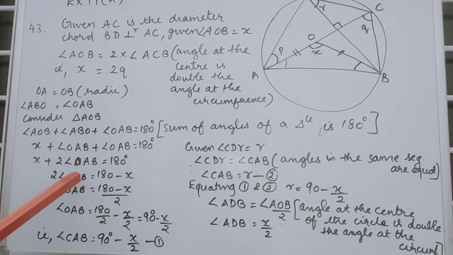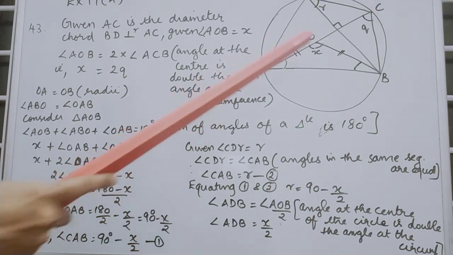So 2 angle OAB is equal to 180 minus X. So angle OAB is equal to (180 minus X) divided by 2. Split that: 180 by 2 minus X by 2. 180 by 2 is 90. So angle OAB is equal to 90 minus X by 2.